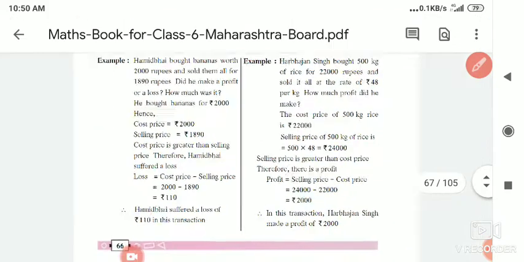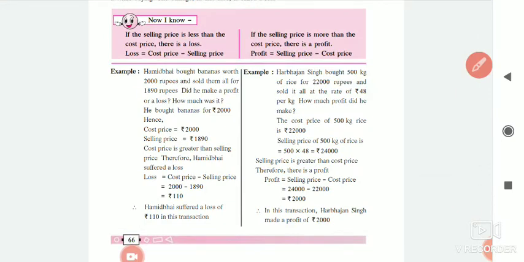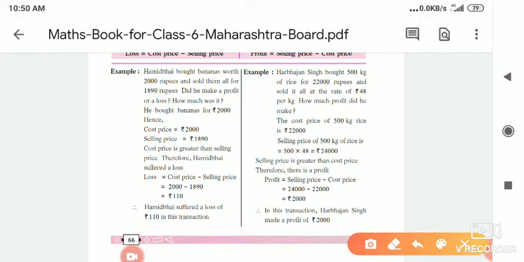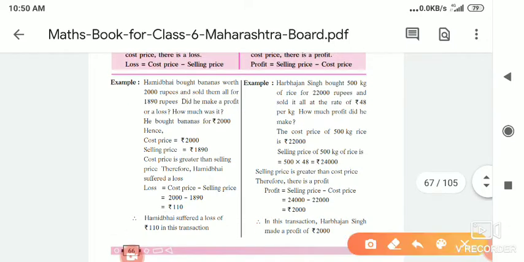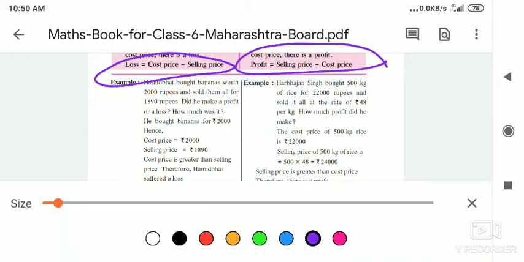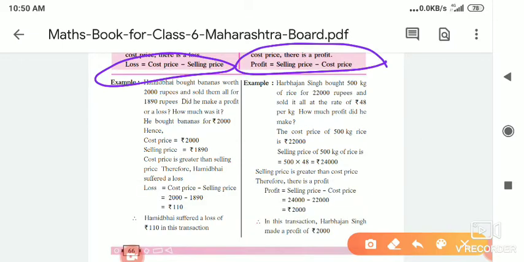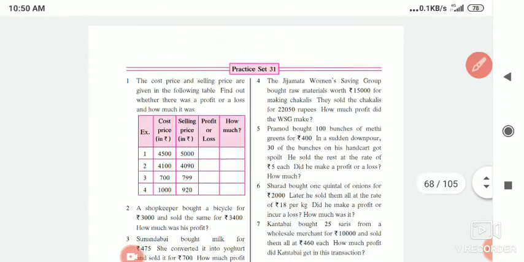In this way we solve this with simple addition and subtraction, but the most important point is to understand whether the given transaction has a profit or a loss. Once you understand it, you write the proper formula and solve the example. If CP is greater, there is a loss, and if SP is greater, there is a profit. CP means cost price and SP means selling price.